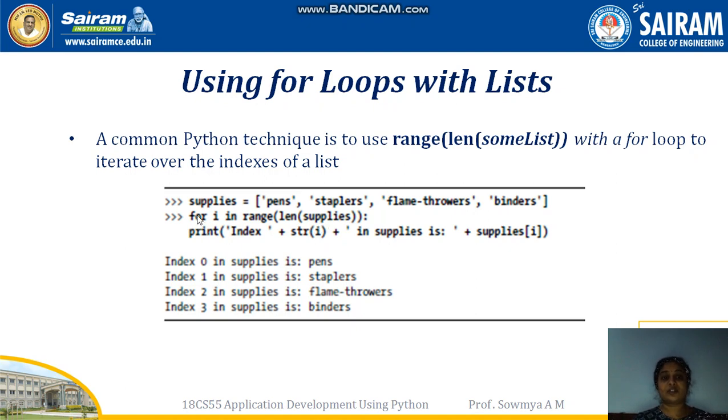So for i in range of 4, a for loop always runs from 0 to n minus 1, so 0 to 4 minus 1, that is 3. So all the values starting from the 0th index, then 1, 2, 3, you can fetch all the values of the list. This is how for loops are used with lists with the help of the len function.